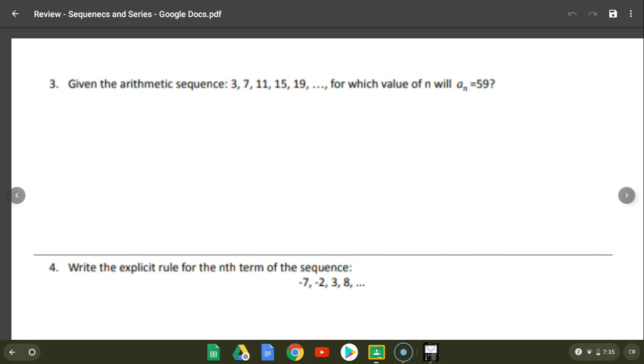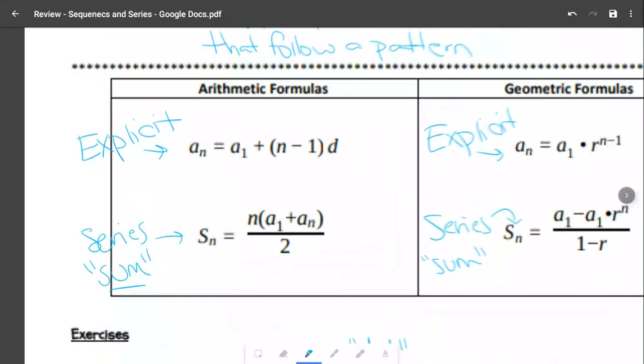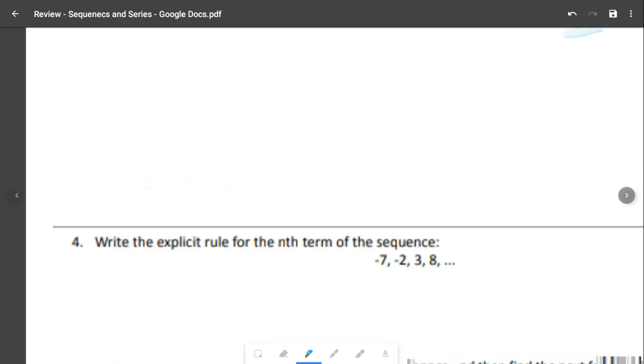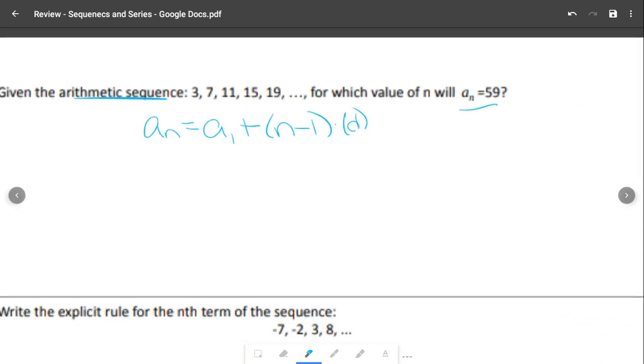Question 3. Given the arithmetic sequence 3, 7, 11, 15, 19, for which value of n will a sub n equal 59? So going back to our arithmetic formulas, again, it makes no mention of the word sum. So we're going back to that first one, the explicit formula. So An equals A1 plus n minus 1 times d.